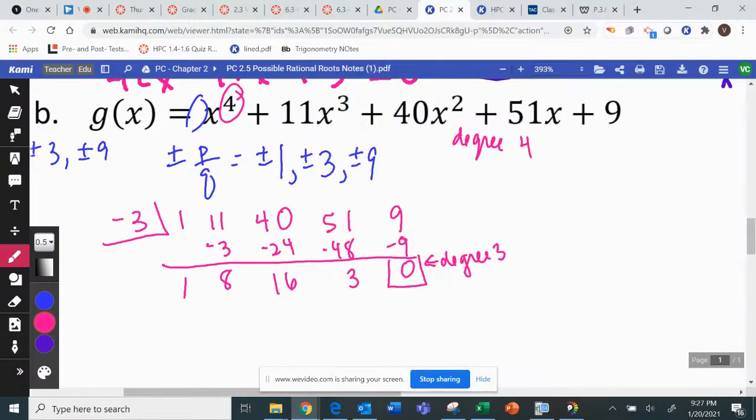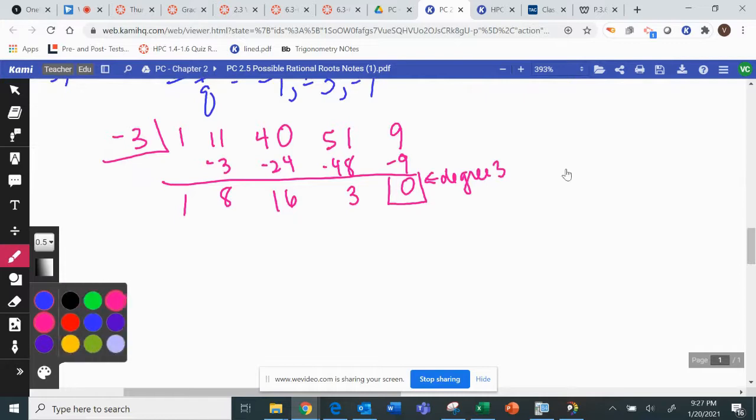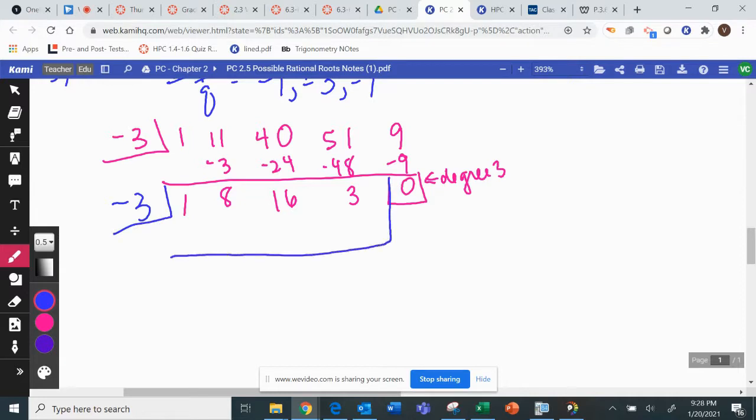So there's only one way to find out. Well, there's not only one way, but the one way that I'm going to use is I'm going to take -3 and take it out of what was left over from the previous division.